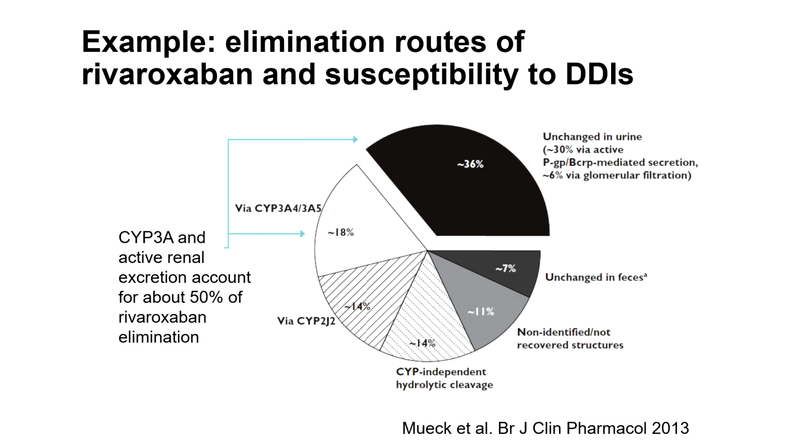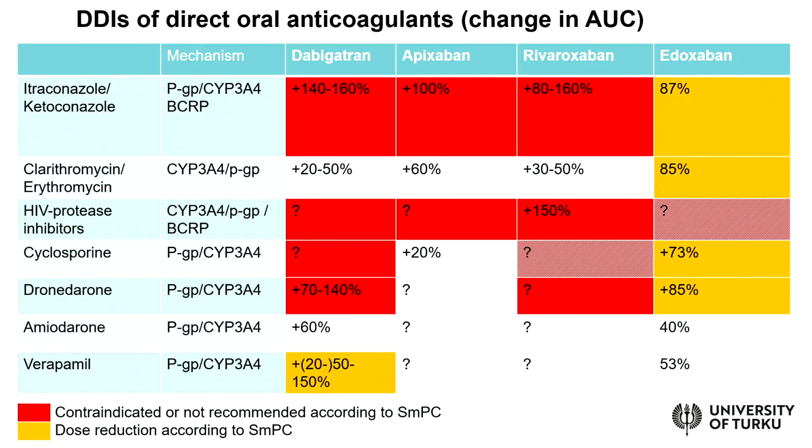And what we see with these direct oral anticoagulants is increases in AUC by strong PGP CYP3A4 inhibitors of twofold or even more, which is kind of in line with the data presented there, considering the elimination and also the absorption by transporters.